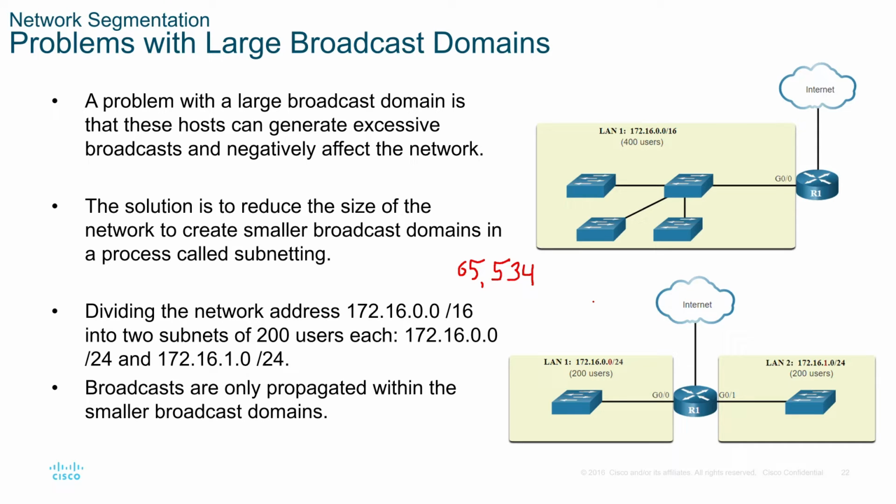When I use the third octet to create two groups of users, each group, although we use 200 as a round number here, each group could be 254 users. So you can see the reduction in the number of hosts in the broadcast domain is considerable when we use one bit from the third octet to separate our groups.